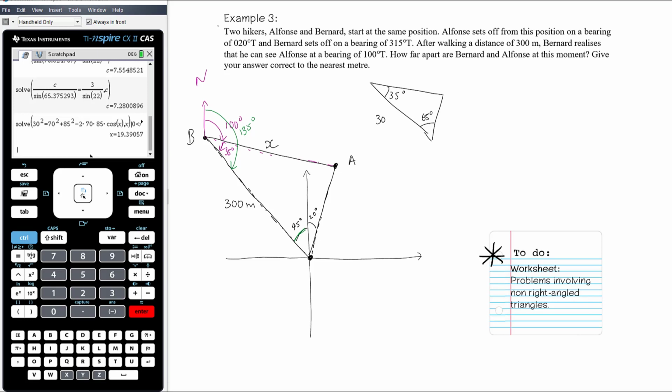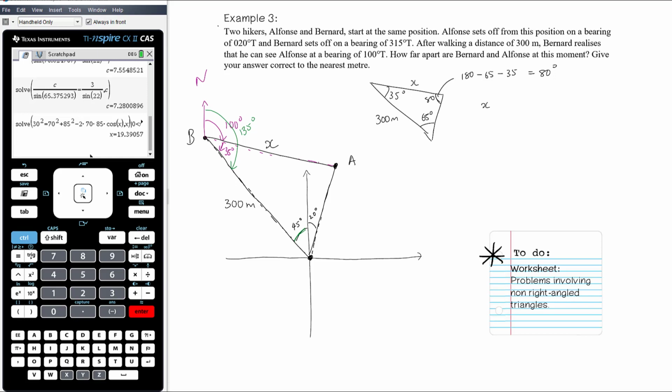Here we've got 300 metres, and this is the length we're trying to find. Alright, so we could use the sine rule if we knew this angle over here, and we can work out that angle by doing 180 minus 65 minus 35. 65 and 35 are 100, so that leaves us with 80 degrees. So that's 80 there.